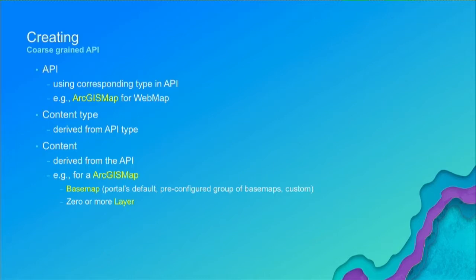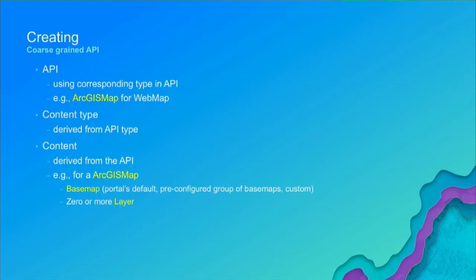Every portal has a default base map. You can use that, or the portal administrator can configure different base maps depending on your use case. Then you can use any one of those configured base maps and set that on your instance of Arcgis map in the Runtime API.